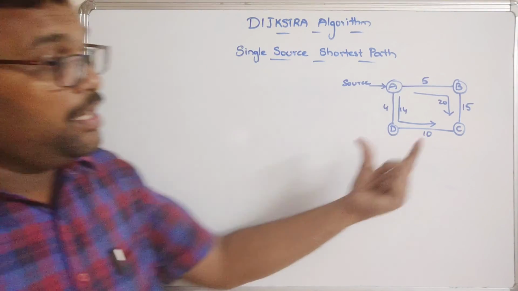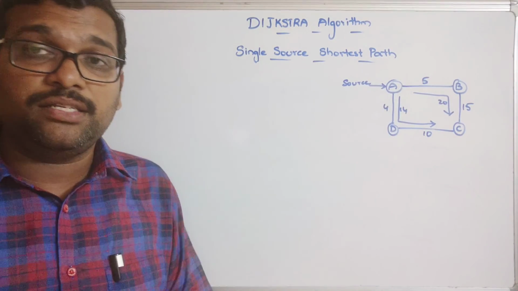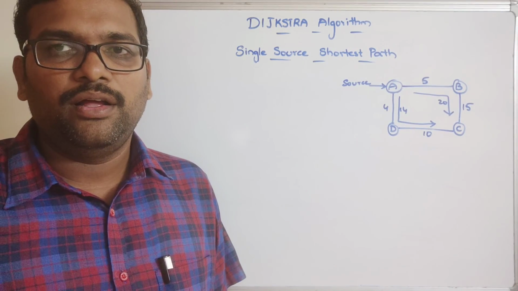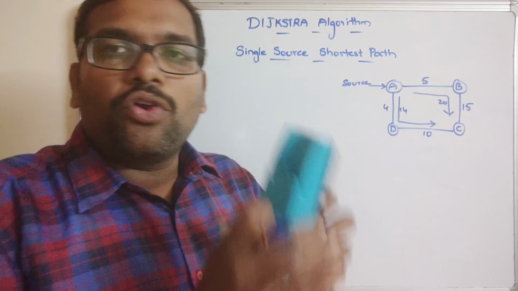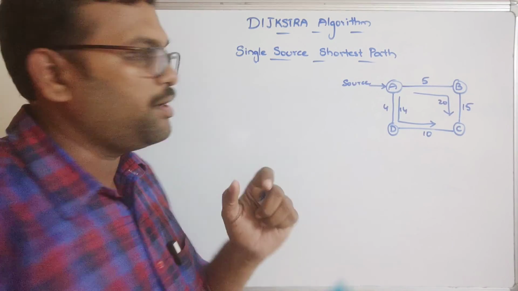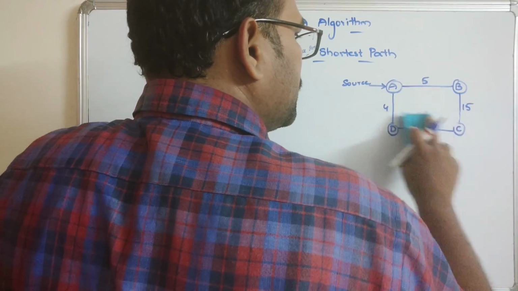So here you can see we have multiple solutions. From these multiple solutions, we are selecting the optimal solution. That's why we call this an application of the greedy method. Now we'll see the procedure. What happens first?